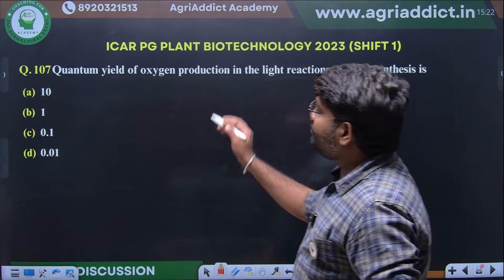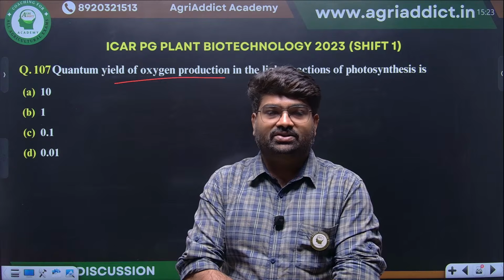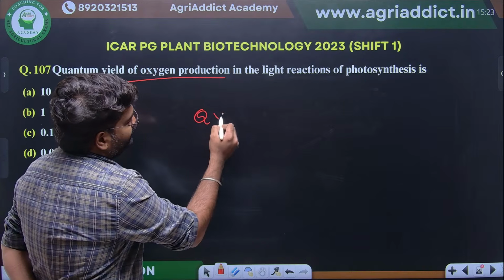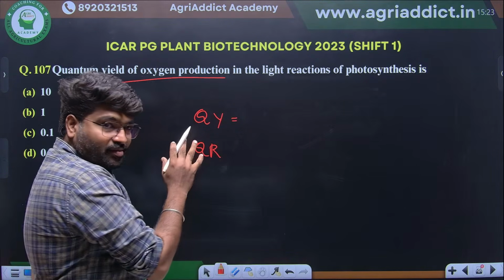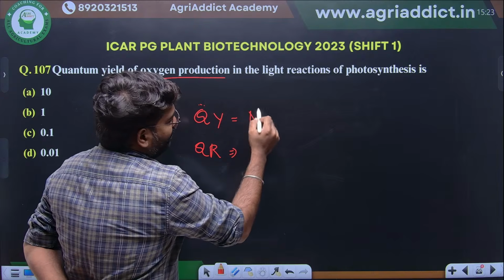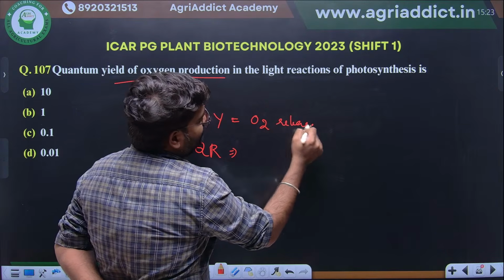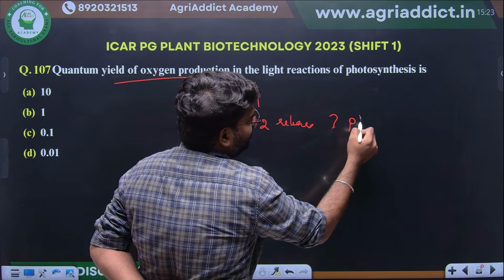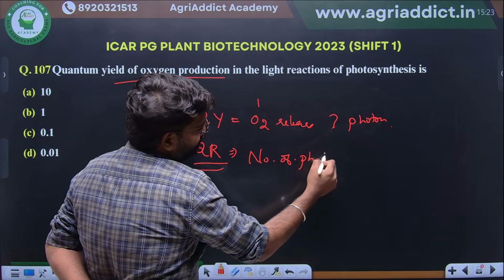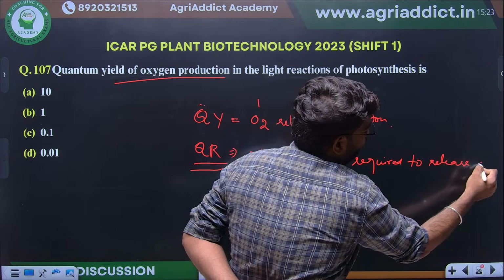Next thing, quantum yield of oxygen production. They are asking here about quantum yield of oxygen production in the light reaction of photosynthesis. First, we have to know what is meant by quantum yield and quantum requirement. Quantum requirement means the number of photons required to release a molecule of oxygen.